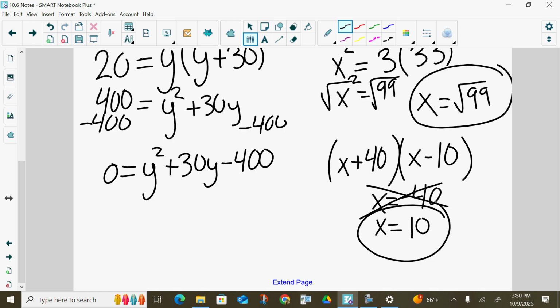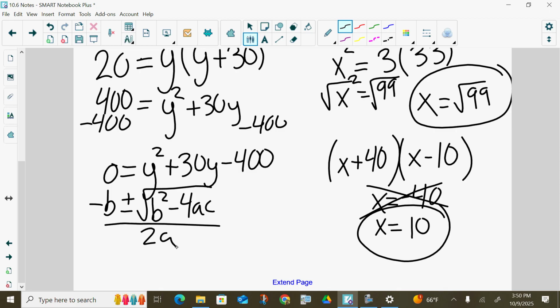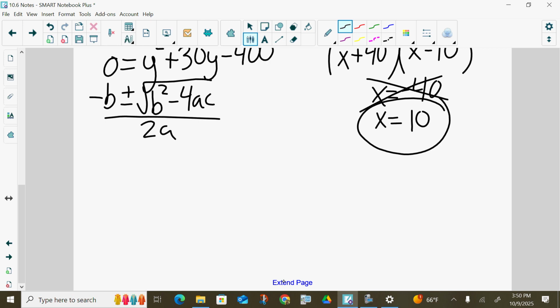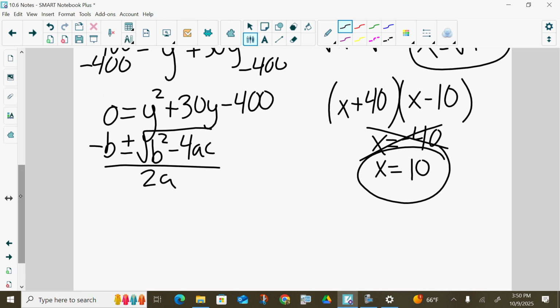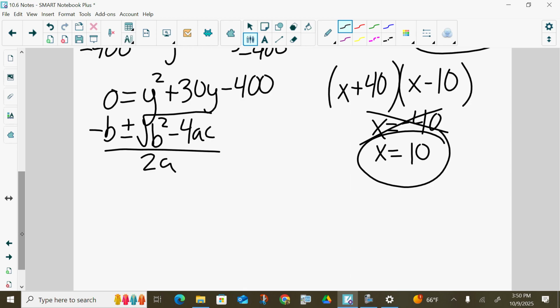So we have to go back to negative b plus or minus the square root of b squared minus 4ac all over 2a. I'm going to give us a little bit more room while we keep going. And if we were to fill in those numbers, my b value is going to be 30. My a value is 1 because there's nothing in front of this y, so I put a 1 there.